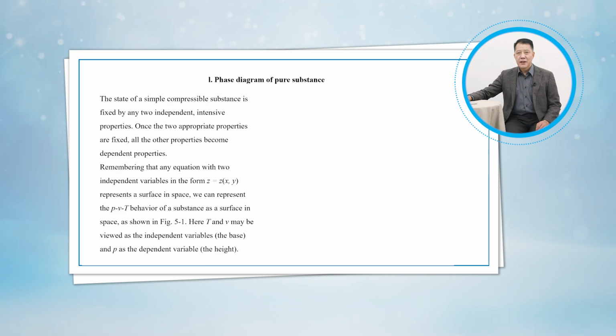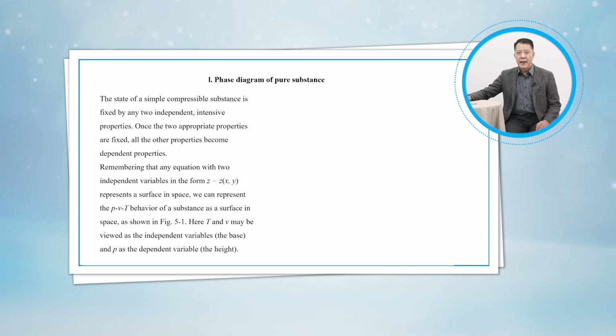The state of a simple compressible substance is fixed by any two independent intensive properties. Once the two independent properties are fixed, all the other properties become dependent properties.